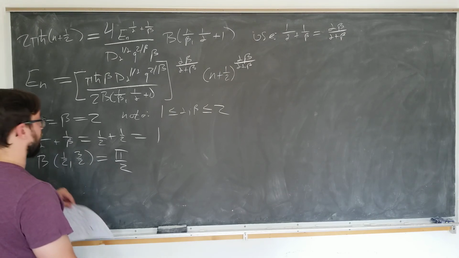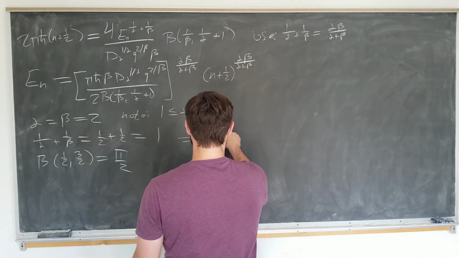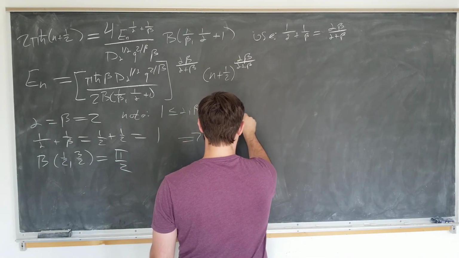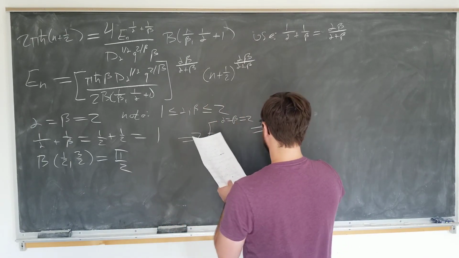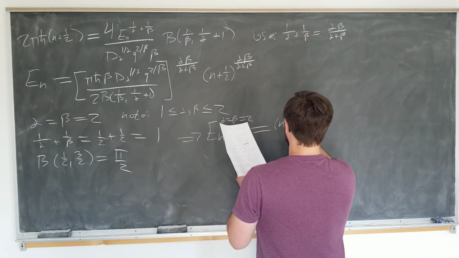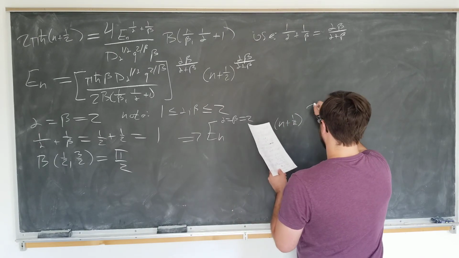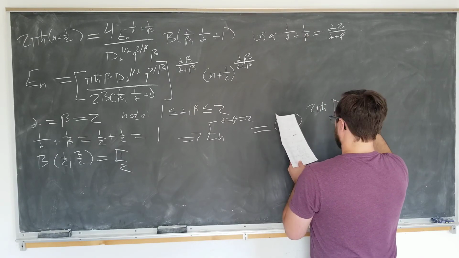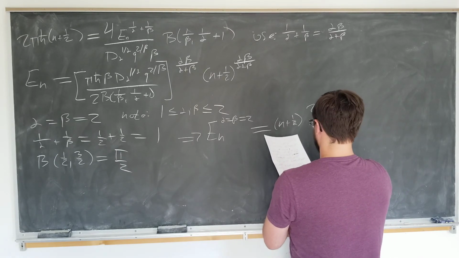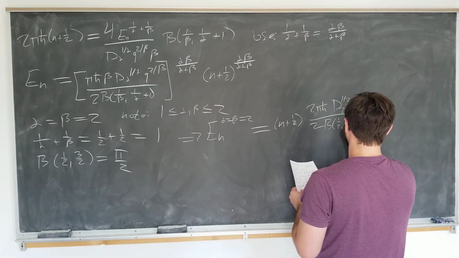No, that's it. So this actually tells us that En with alpha equals beta equals 2 is just n plus 1/2, times 2 pi h bar d2 to the 1/2 q over 2 beta function of 1/2, 3/2.